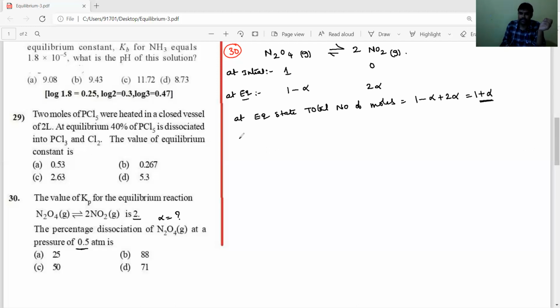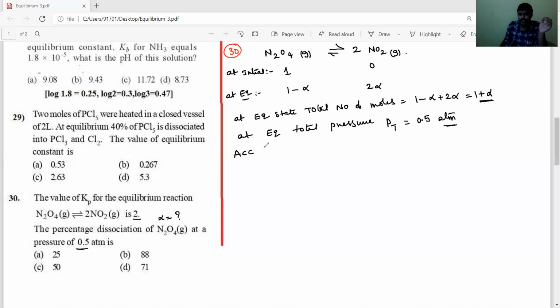And at equilibrium, the total pressure, how much did they give, dear students? PT is equal to 0.5 atmospheres. Based on this, we have to calculate the partial pressures of the reactants and products. We know Dalton's law of partial pressures.